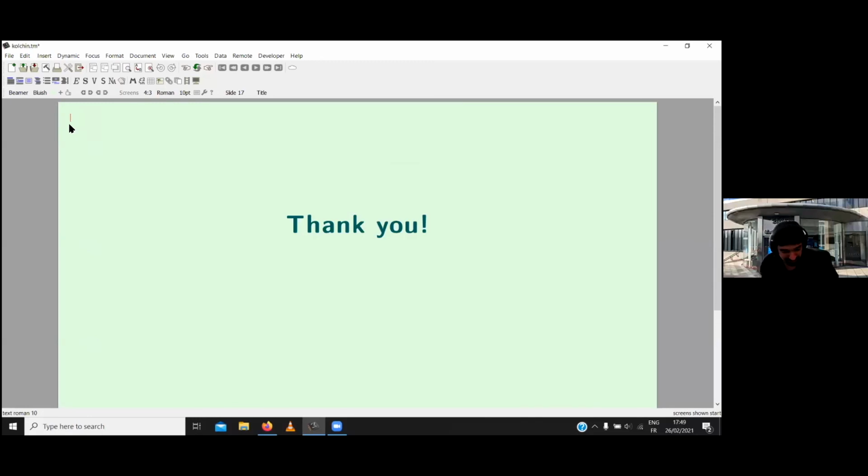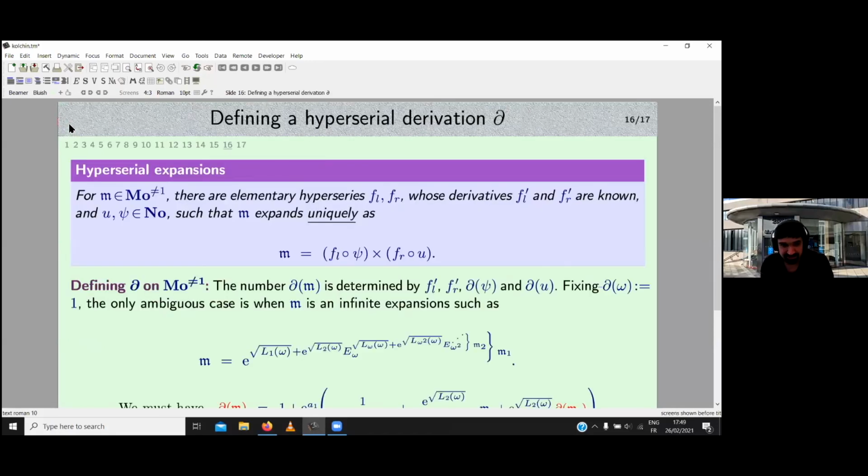I was wondering about these two functions F_L, F_R, like if m is omega, how would that look, for example? Yes, so this is a way to decompose monomials, so numbers, as hyperseries applied to simpler numbers.